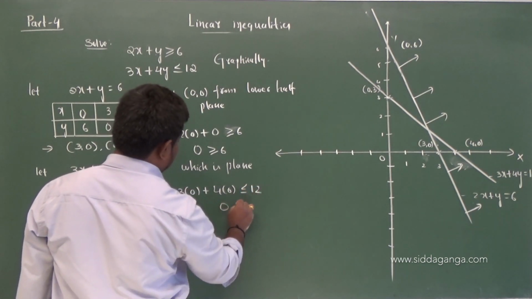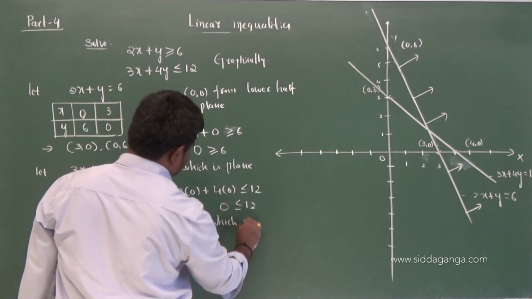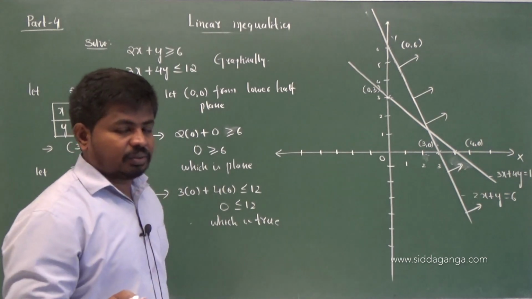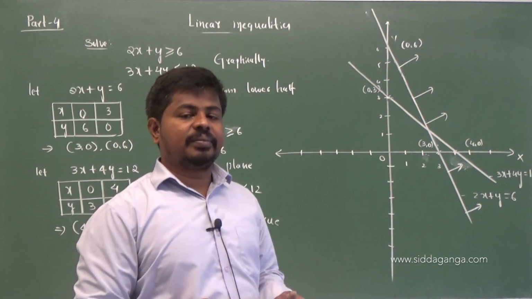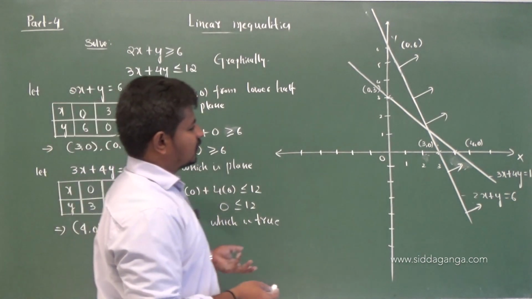So 0 less than or equal to 12, which is true. Hence, the solution region is the region from which you have taken the point. You mean the lower half plane is the solution region for this.